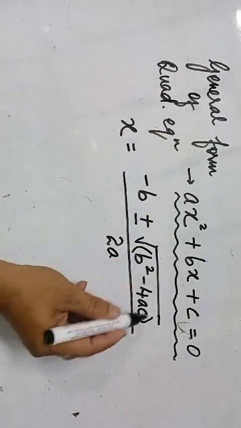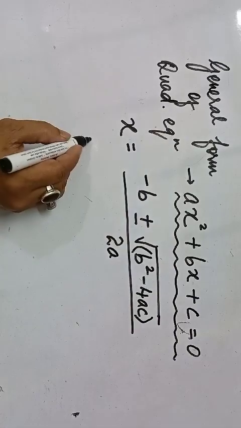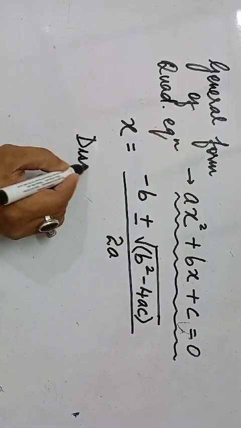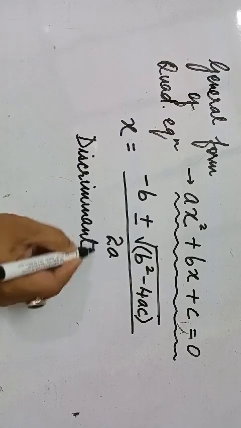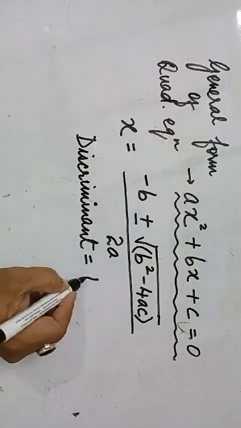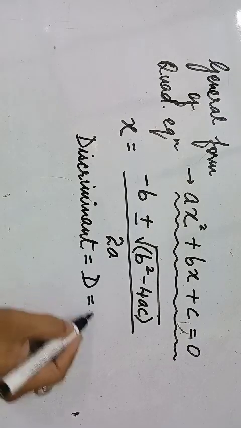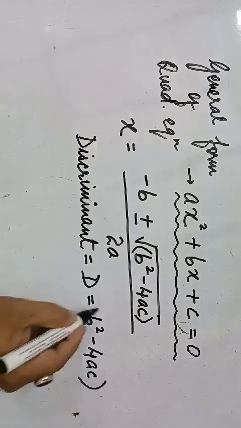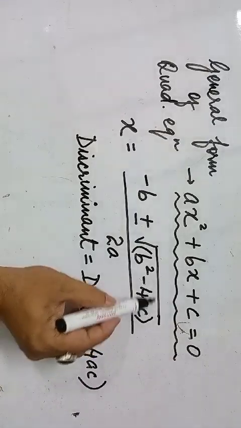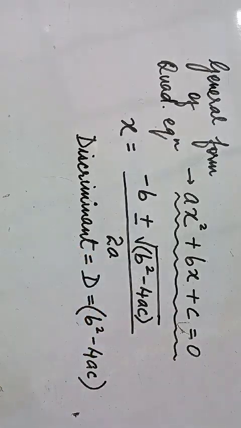Now the bracketed portion, which is in the under root sign, please note that is known as discriminant. Okay, so that is known as discriminant, and it is represented with capital D, and certainly the formula is b square minus 4ac. So we are going to call this bracketed portion the discriminant, because this discriminant study is going to actually help us in finding out the nature of the roots of any quadratic equation.